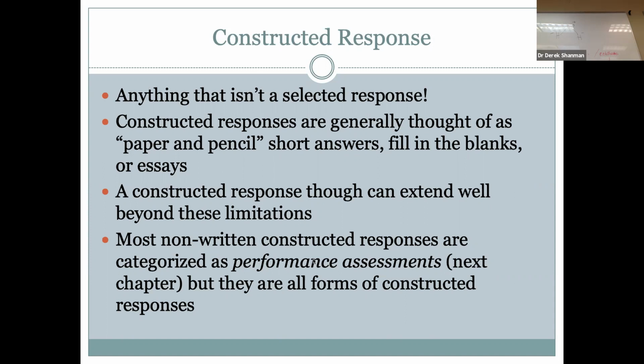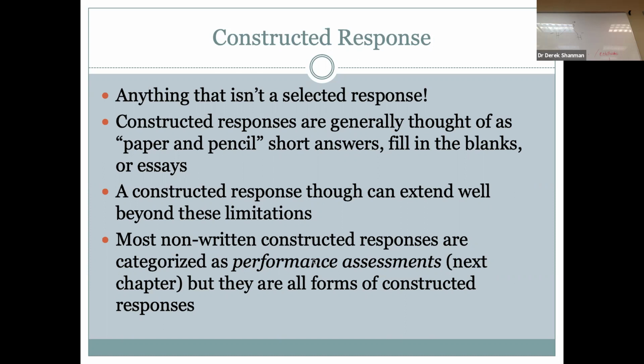I think that a written response is a form of performance assessment, and that performance assessments and constructed responses really are one and the same. Anytime that you have to fully express the thought, that should be looked at the same way.